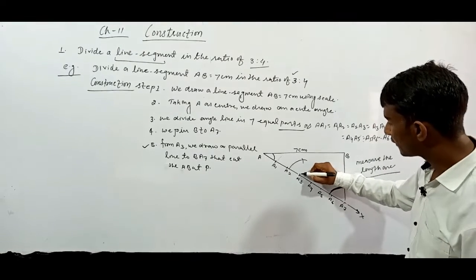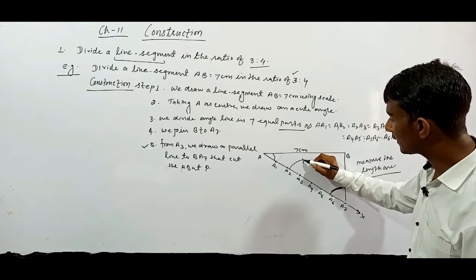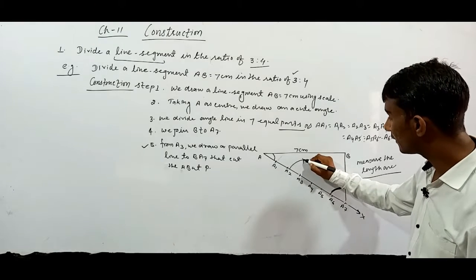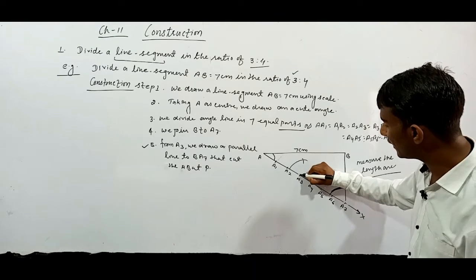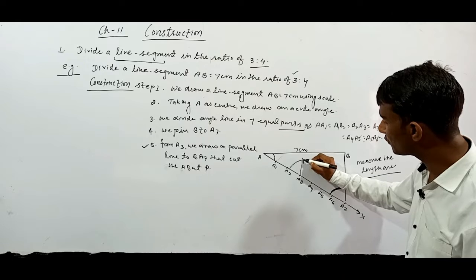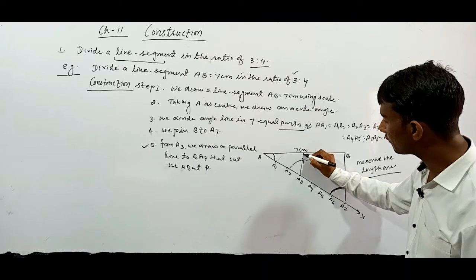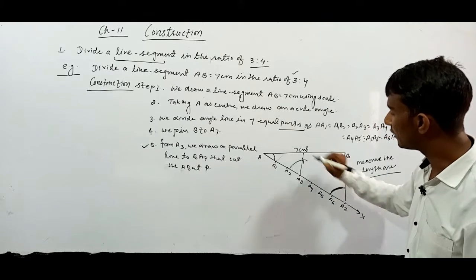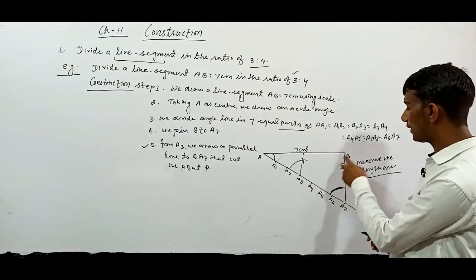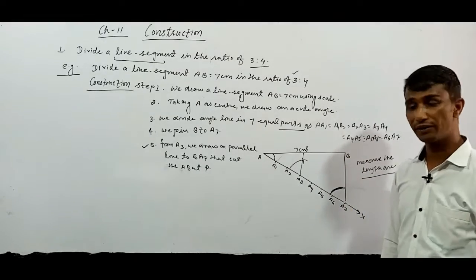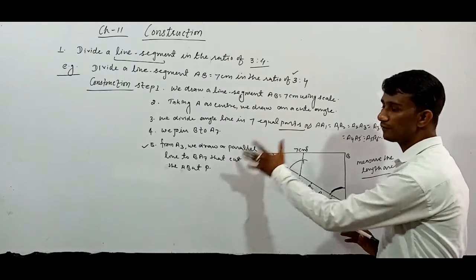From this arc, cut the previous arc here, and now using the scale we join A3 to this point, cutting AB at P. So A3P is the parallel line to BA7. That is step number 5.